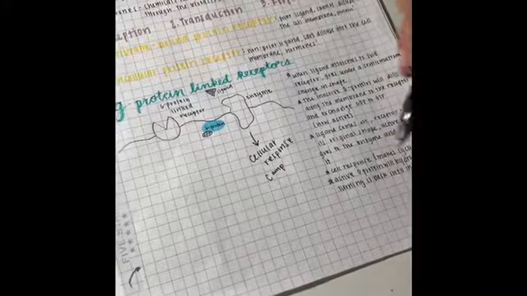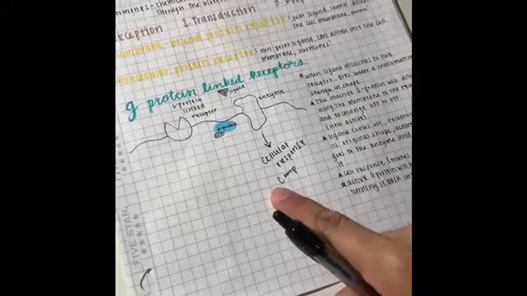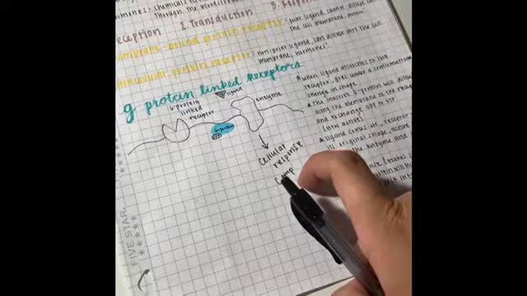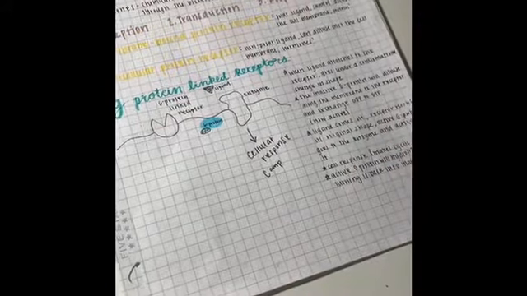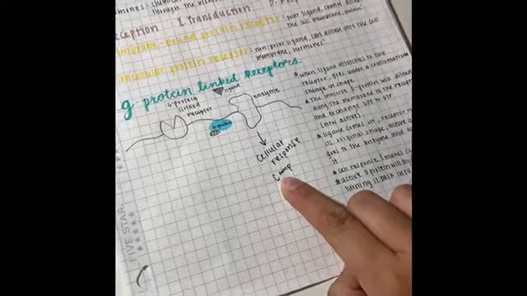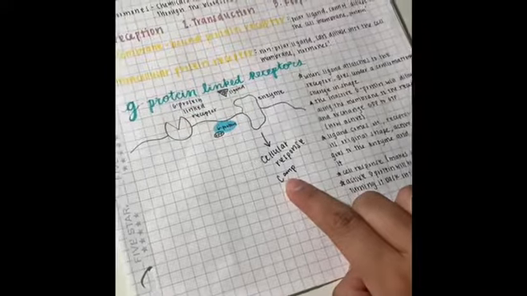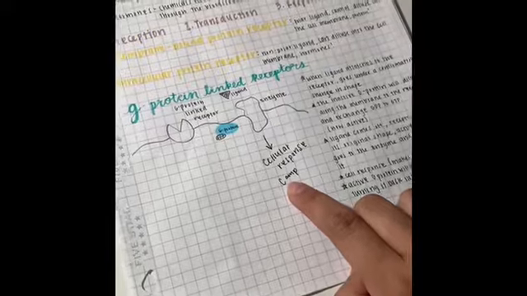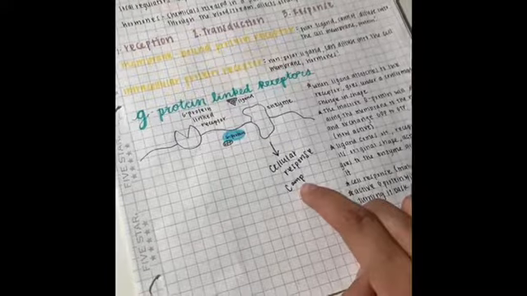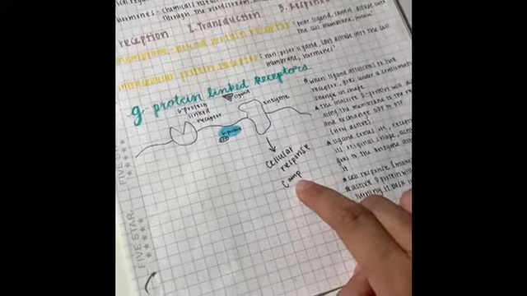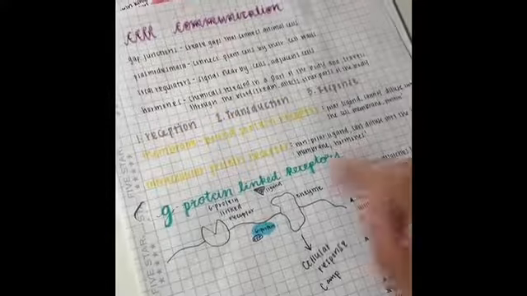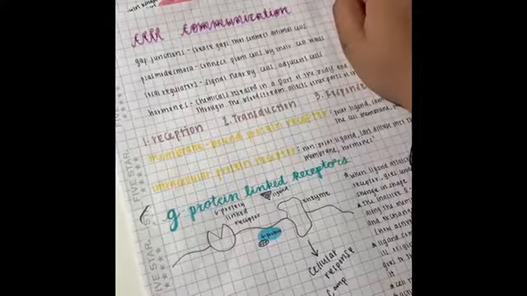So cyclic AMP is produced from the first messenger. So cyclic AMP's job is actually, it's going to be the second messenger in the G protein link receptor, and then the second messenger will actually activate the transduction pathway, the signaling transduction pathway.